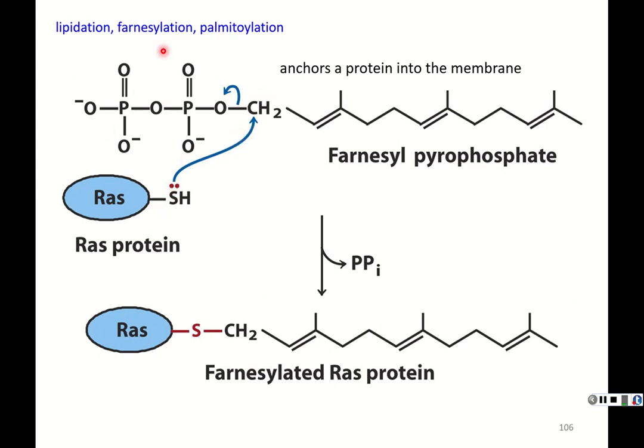So if you had a phosphorylated hydrophobic isoprene group, you can get a nucleophilic attack from your cysteine side chain. The pyrophosphate is removed, and now you have this longer isoprene that's hydrophobic. And in this case, it's our RAS protein that we talked about in the insulin pathway in chapter 12. Now it has this isoprene group on it, and it can be targeted and held into the membrane.